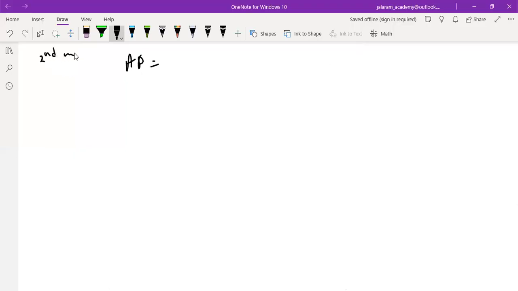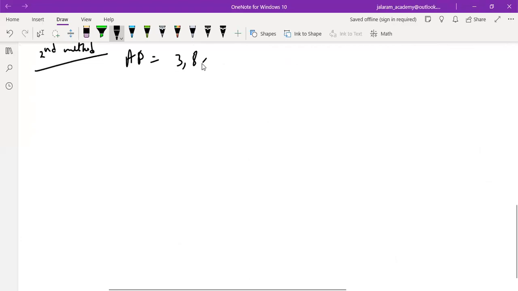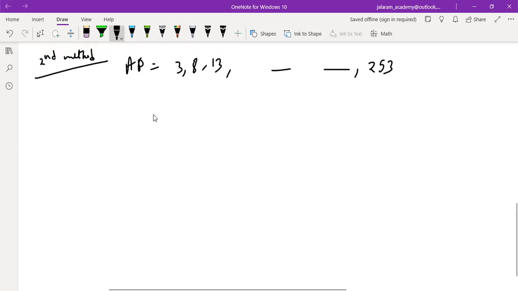So let's now discuss the second method, how to find the 20th term of an AP from the end. First write the given AP: 3, 8, 13 and so on up to the last term 253. First find the number of terms. What will be the number of terms?